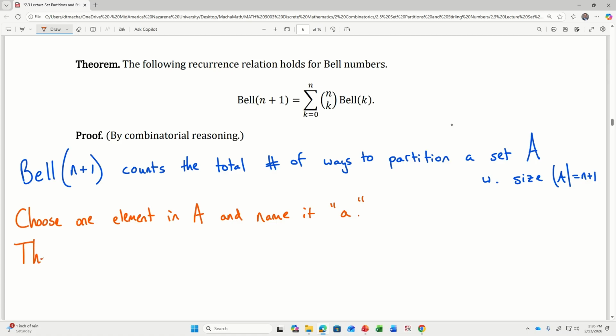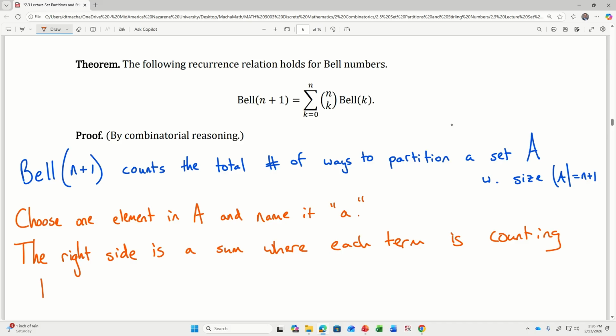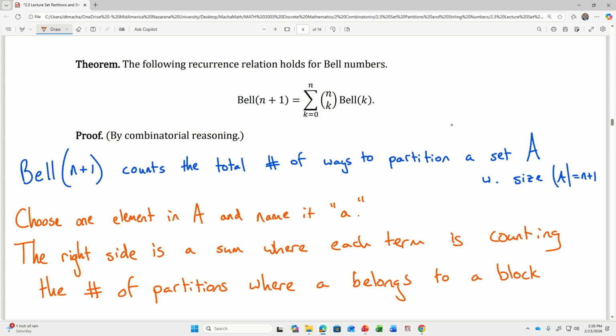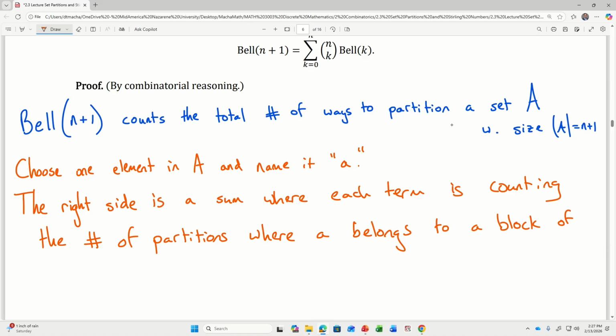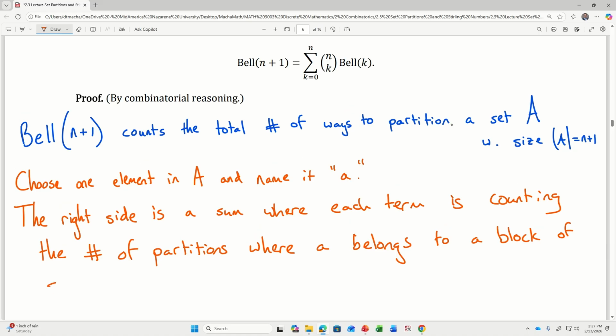The right side of the equation is obviously a sum where each term is counting the number of partitions where A belongs to a block of size.